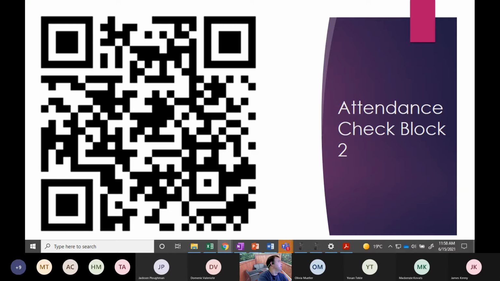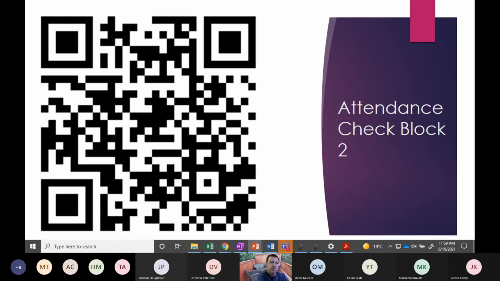Well, I didn't write Desmos in there. I guess that'd be under calculator. Good. Does anyone need the QR code up still?